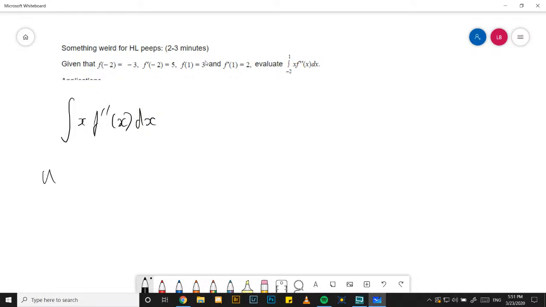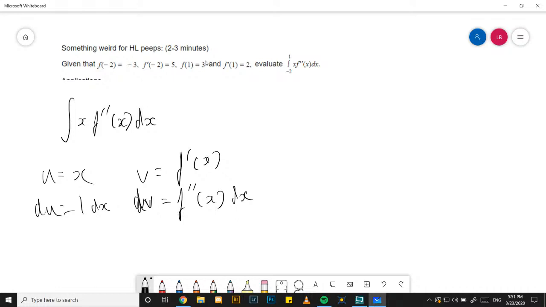You can look at u du and v dv, and we can make dv equal to the double derivative of f of x, and then we can make v equal to the single derivative of f of x. We can make u equal to x, and then du equal to 1 dx.